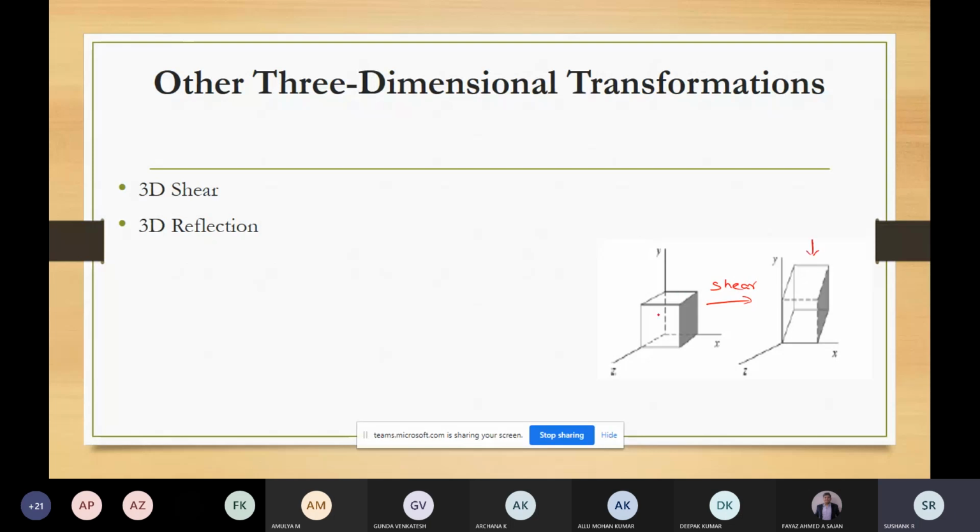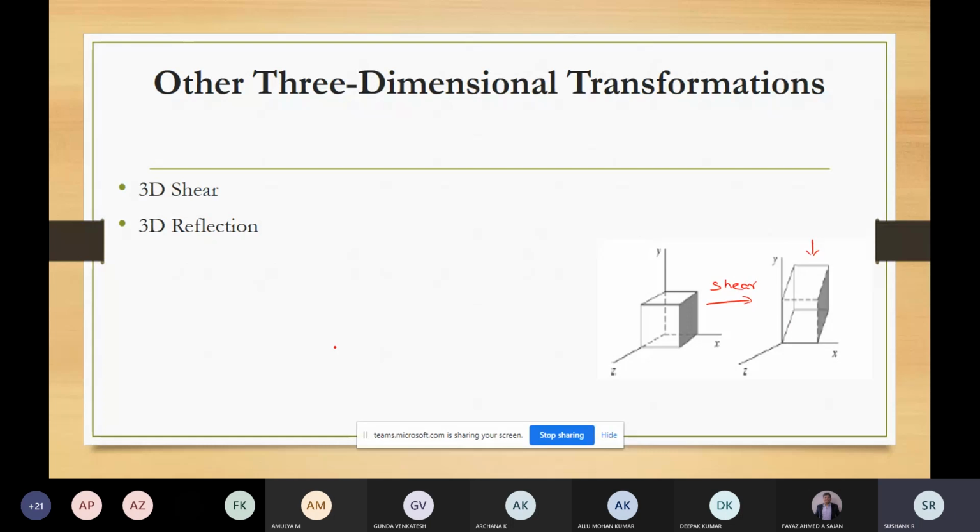Here the object looks like a cube, and I'm performing the shear transformation to modify its shape. For 3D shear, we are adding the z-axis. We are generating the shear with respect to the z-axis.